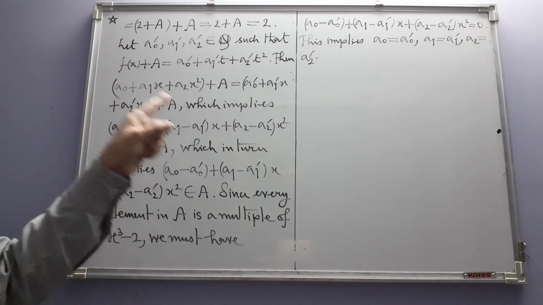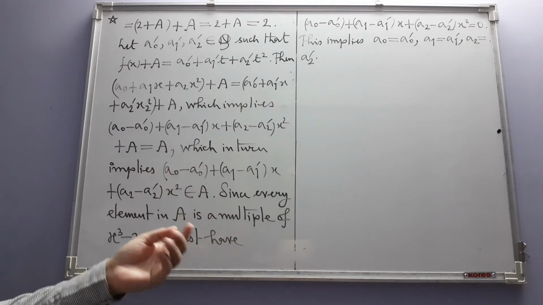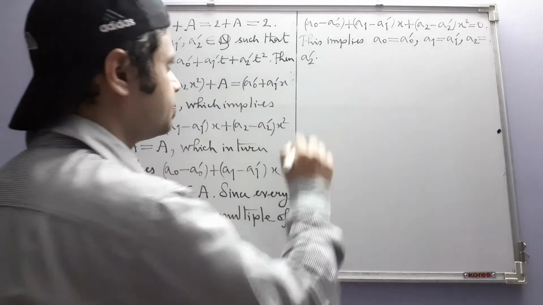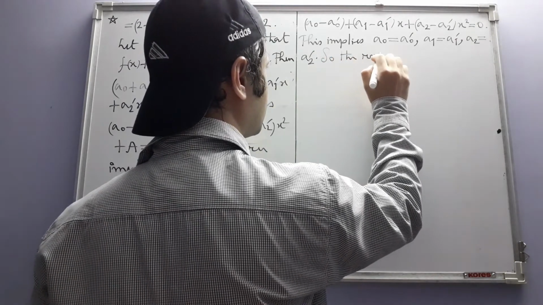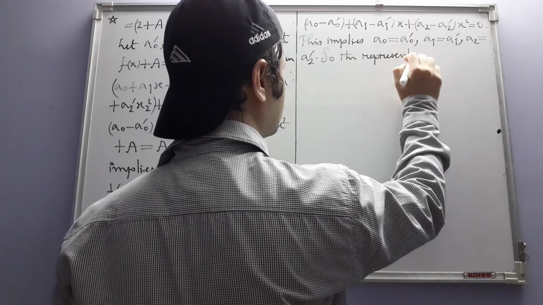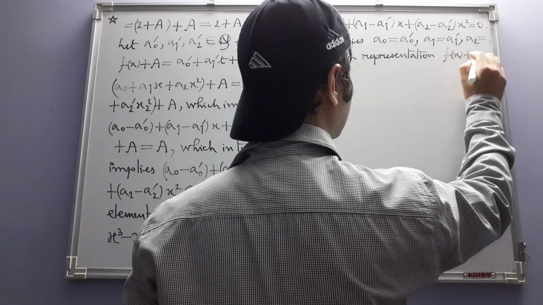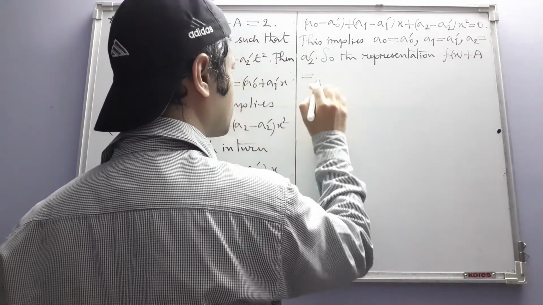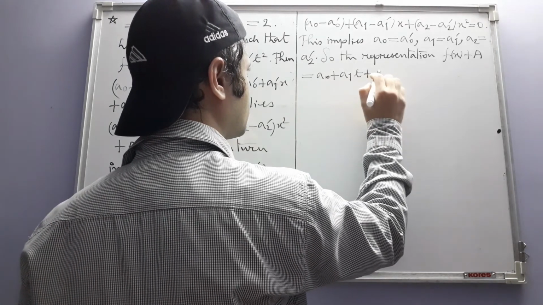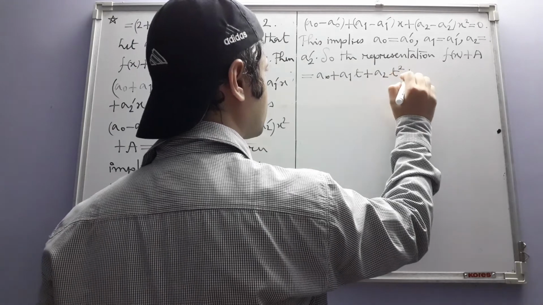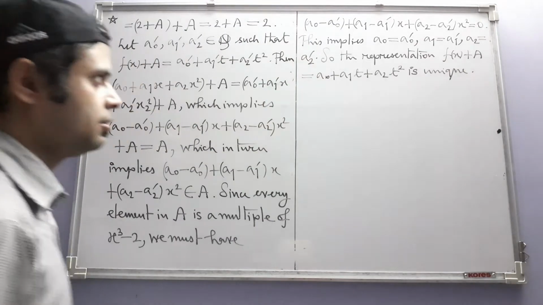So the expression that we have for a general element in our quotient ring, which is a field, is actually unique.